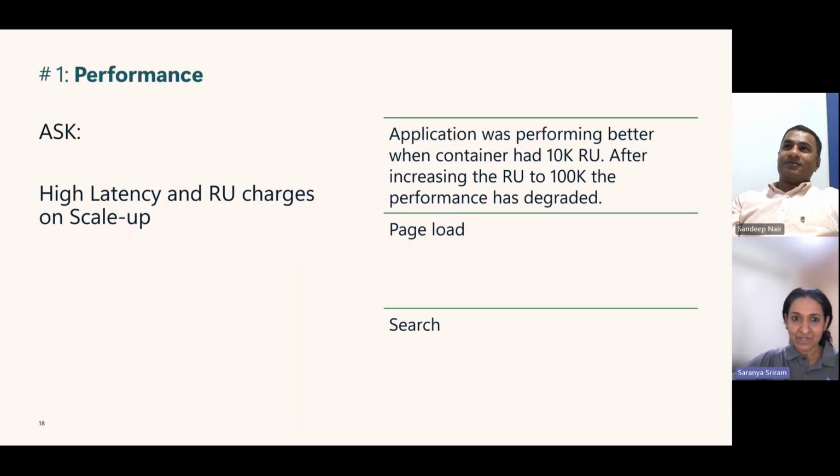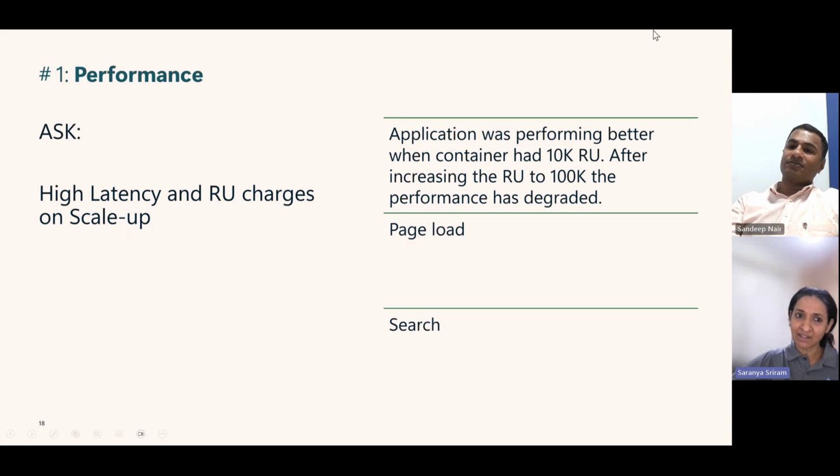So let's talk of the first issue that we will focus on in this video, and subsequent videos will cover a couple of others as well. The first one was on performance, right? Essentially, what the customer has been doing on this chat app is: the application was performing better when the container had about 10K RU.